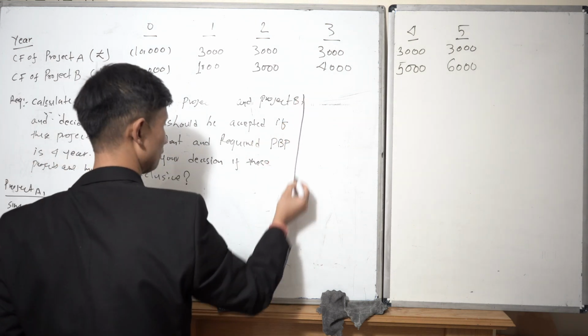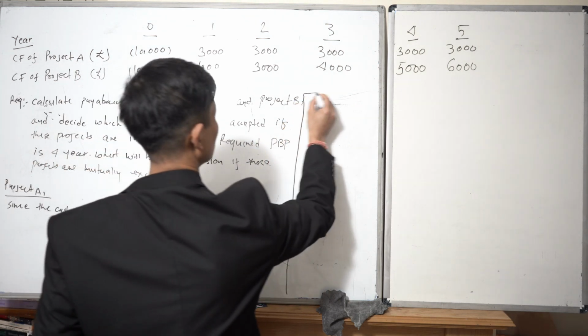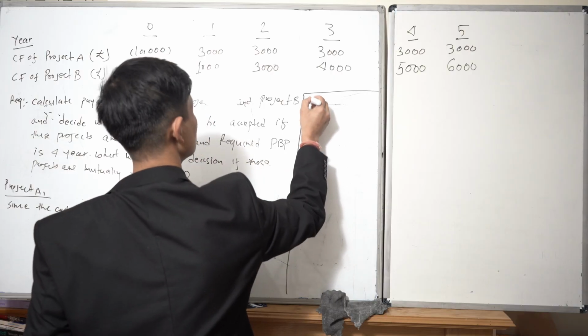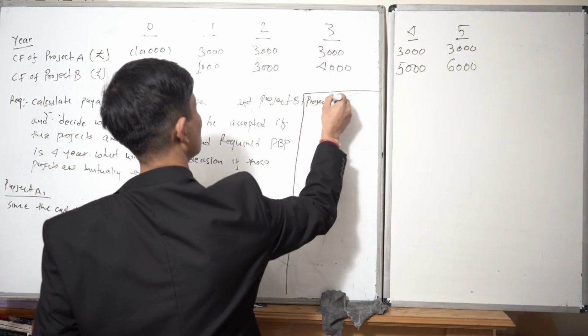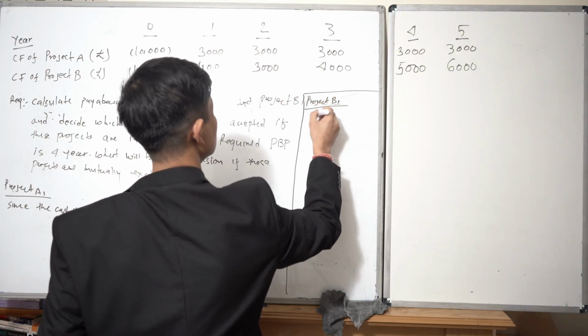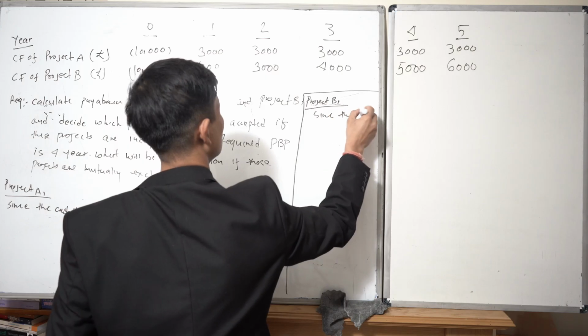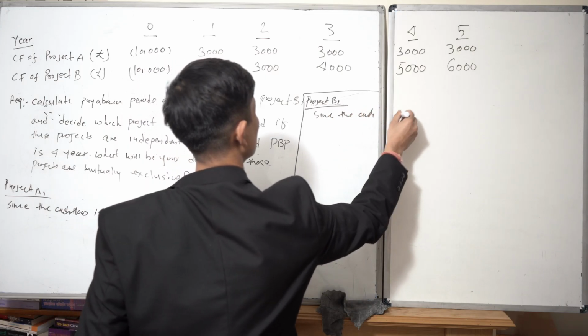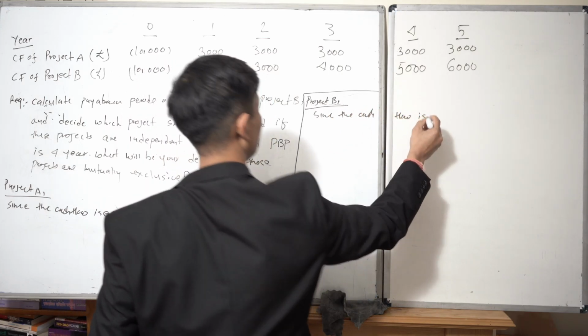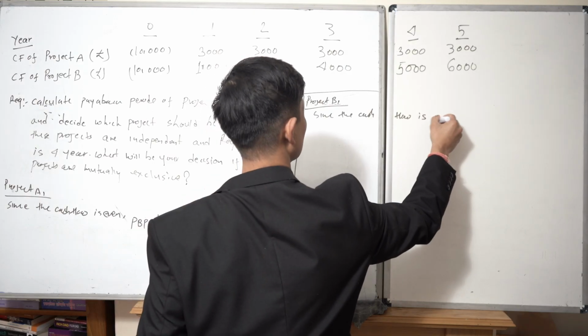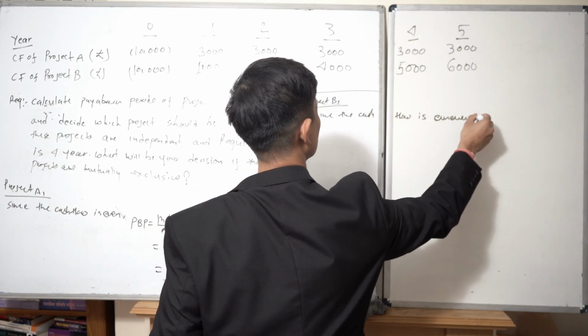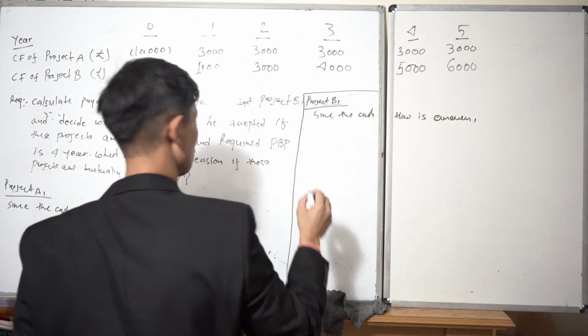Let's have a look at project B. Since the cash flow is uneven, this is quite complicated.